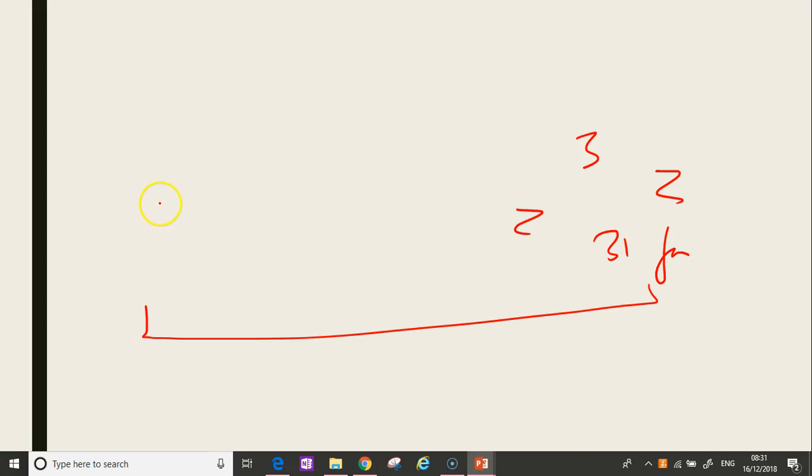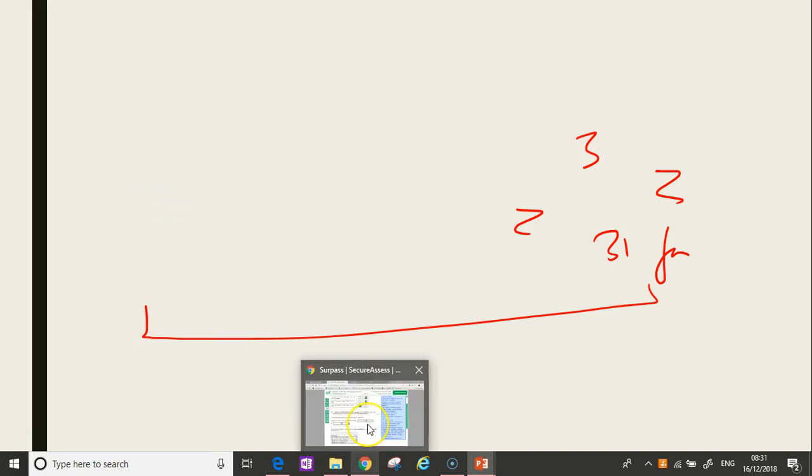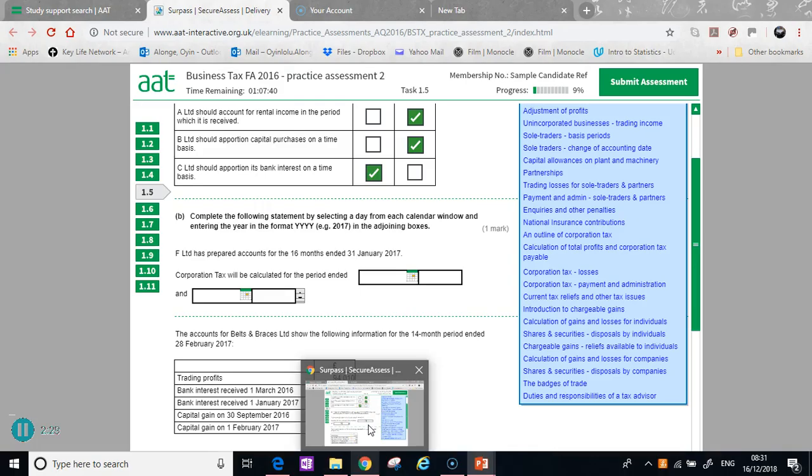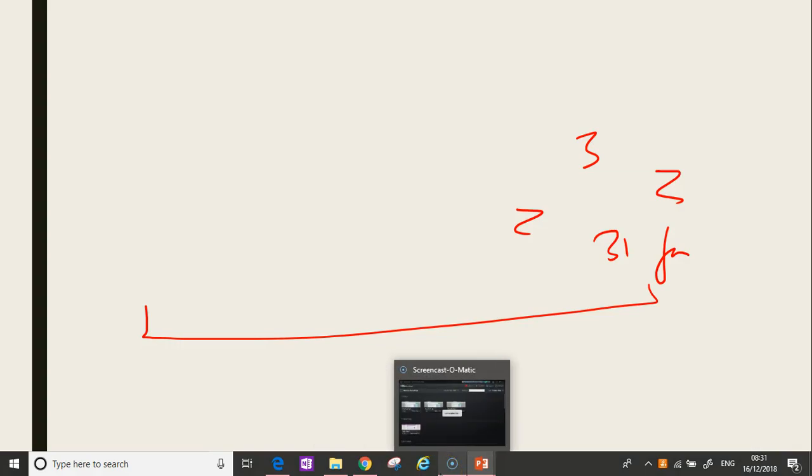Let's just go back to the question here. It tells us it's a 16-month period ending on the 31st, so you need to go back and find out what the very first month of the 16-month period is. I've gone back all the way, and I found out that it's the 1st of October.